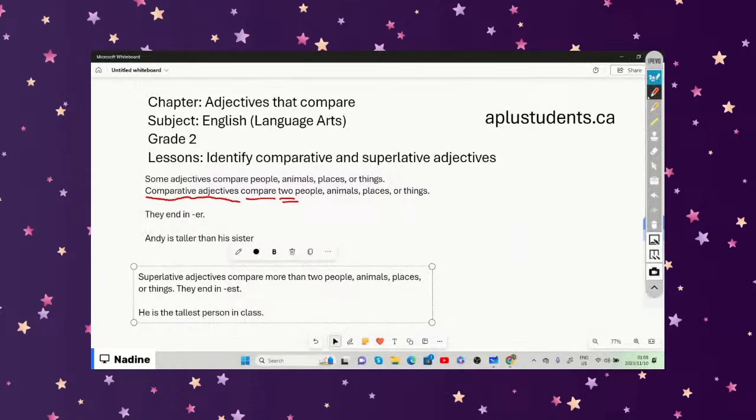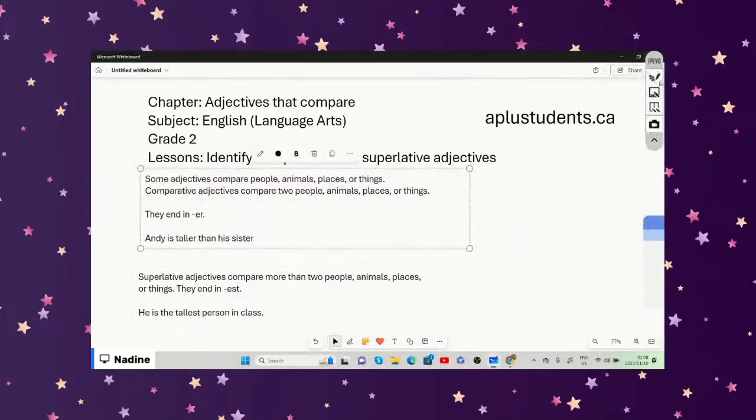Two. And when you compare two people, places, animals, or things, the word that we use to compare needs to end in er.